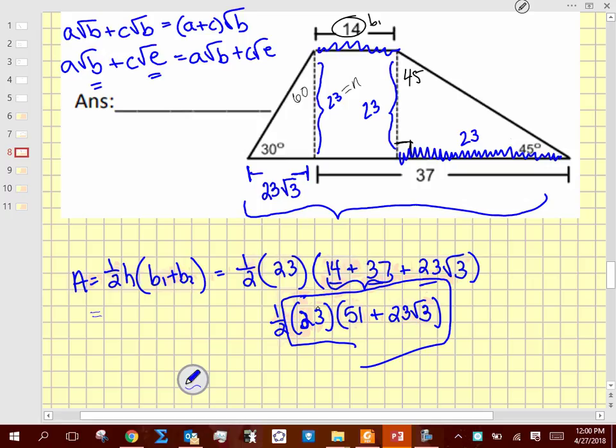If you have a monomial, a single term, times a binomial, you got to distribute. Good. Okay. So 23 times 51 was that 1173. So 1173 when I distribute. And then 23 squared is 529, and I got radical 3 there.